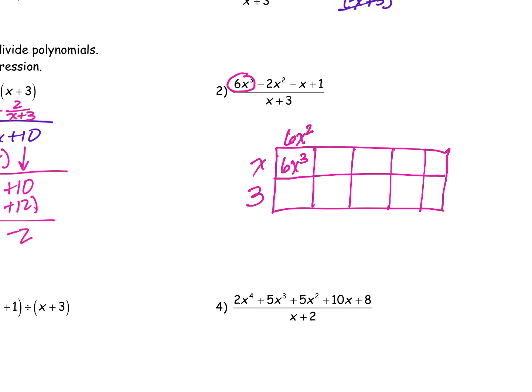Now, 3 times 6x squared is what? 18x squared. And remember that when we're adding this together, this box and this box need to add to be this number. So what do I add to 18x squared to get negative 2x squared? Negative 20x squared. Beautiful.